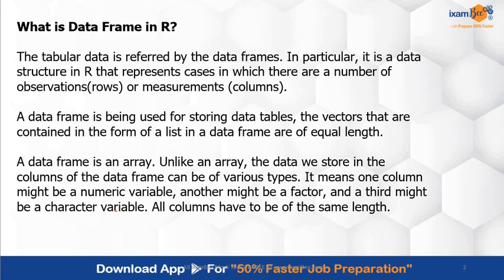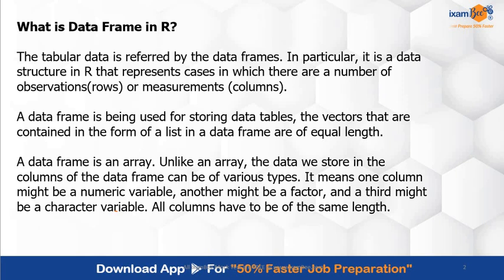A data frame is used for storing data tables. The vectors that are contained in the form of a list in the data frame are of equal length. So these are the basics of the data frame. A data frame is an array, remember that, but unlike an array, the data that we store in the columns of the data frame can be of various types. So arrays are homogeneous, but data frames are heterogeneous in nature.